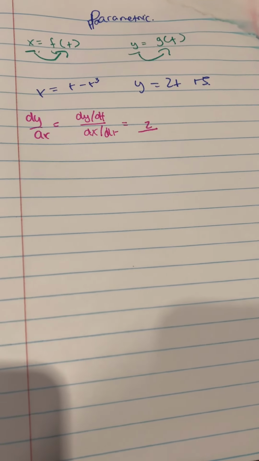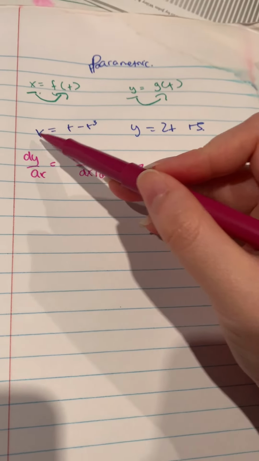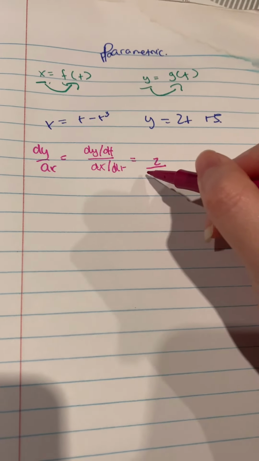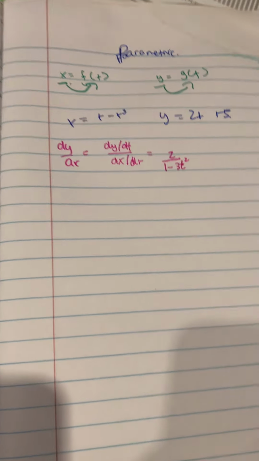Sorry, that looked terrible. And then the derivative of x with respect to t will just be 1 minus t squared.